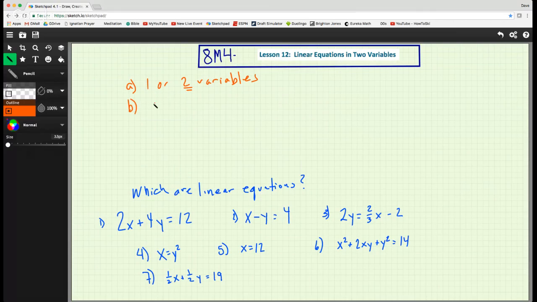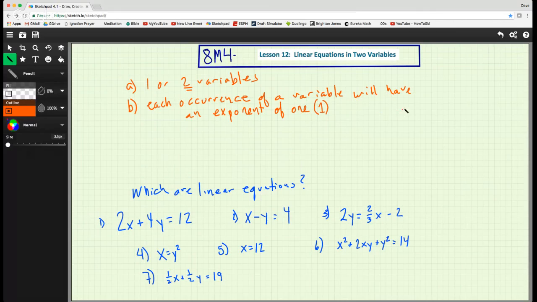But B, each occurrence of a variable will have an exponent of one, you know, the number 1.